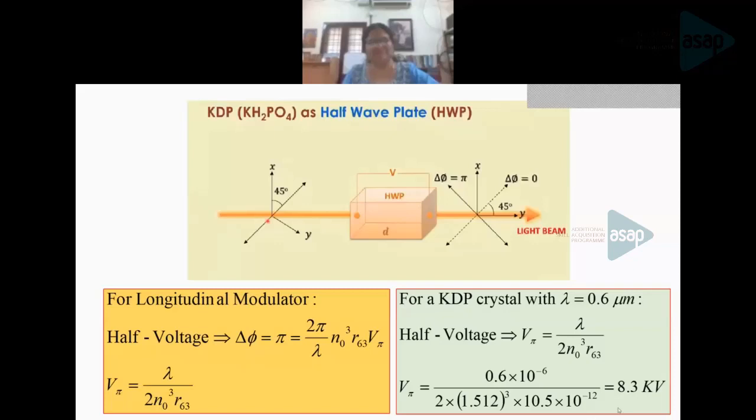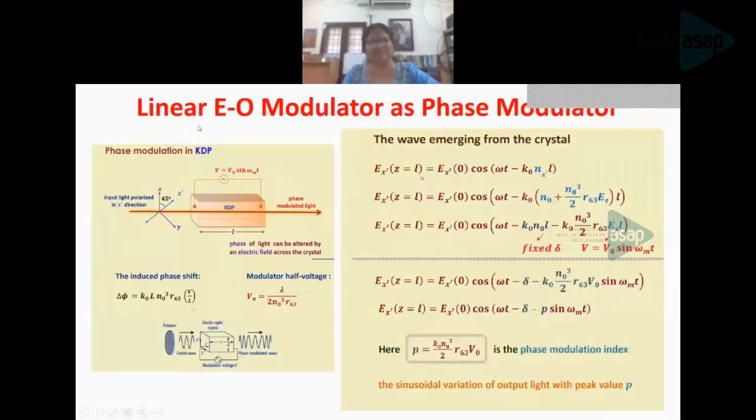Now we are going to use the linear electro-optic modulator as a phase modulator. As I told you earlier, the longitudinal setup can be used for phase modulation and amplitude modulation, whereas the transverse mode is mainly used for phase modulation.